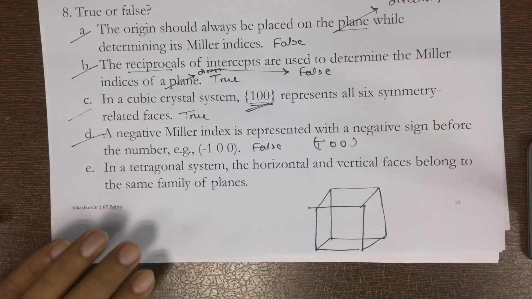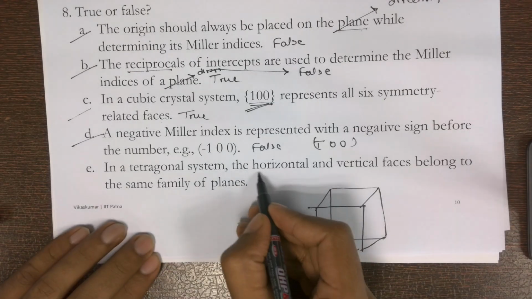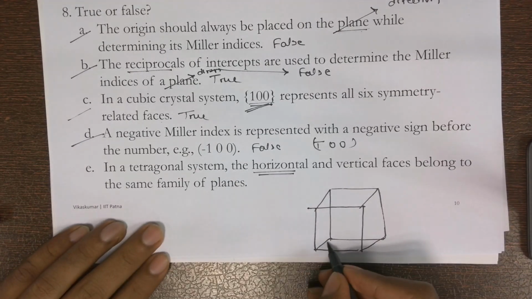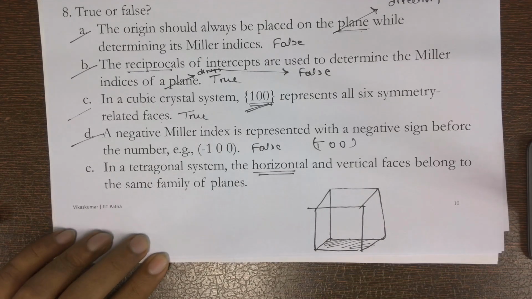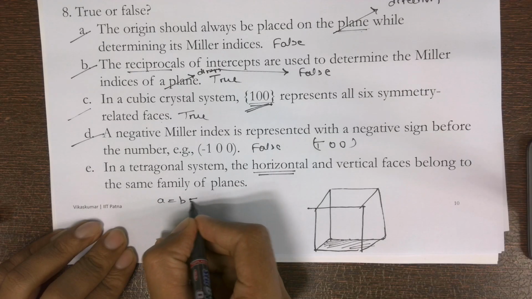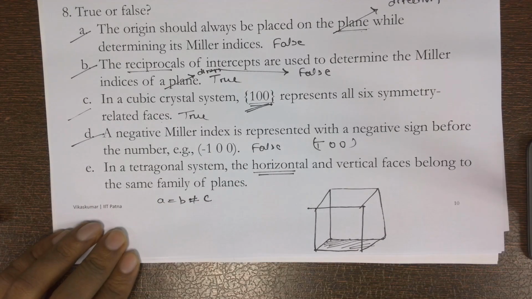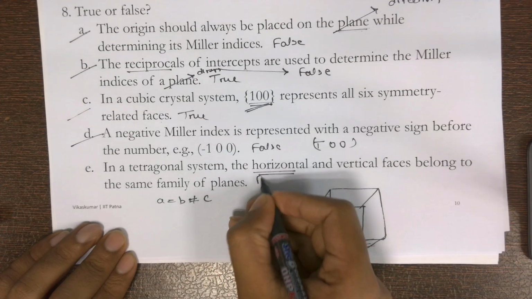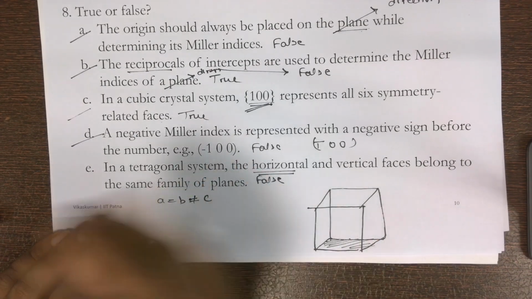Let's take the two cases. Case 1, horizontal faces. We know it's A equal to B, not equal to C in a tetragonal system. Most of you have said that it's false. Very good. The answer is false only.